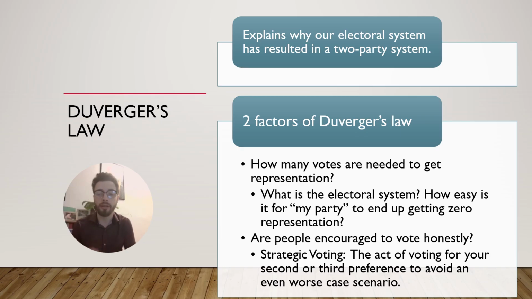While if you only had to get 5% of the population to align with you, you are far more likely to think that there will be enough to align with you that you will win some form of representation. And you will not be encouraged to vote strategically to avoid a worst case scenario, which would be your opposing candidate from winning the election.